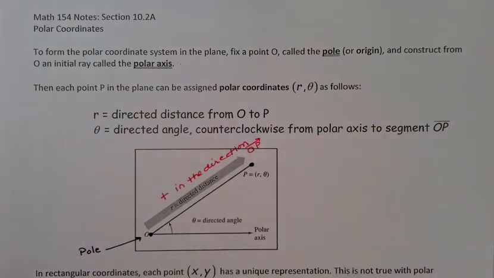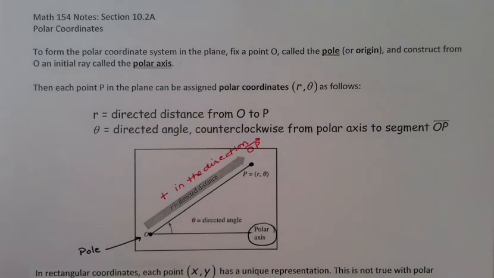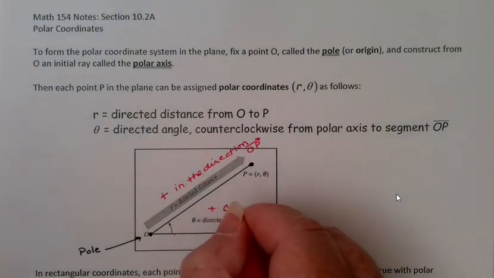The next thing we're going to do is give a value for theta. Theta is the directed angle from what we used to call the x-axis, but we're now going to call the polar axis. It's the angle from that polar axis to the ray that we just drew. And again, we say it's the directed angle with positive being the counterclockwise direction.